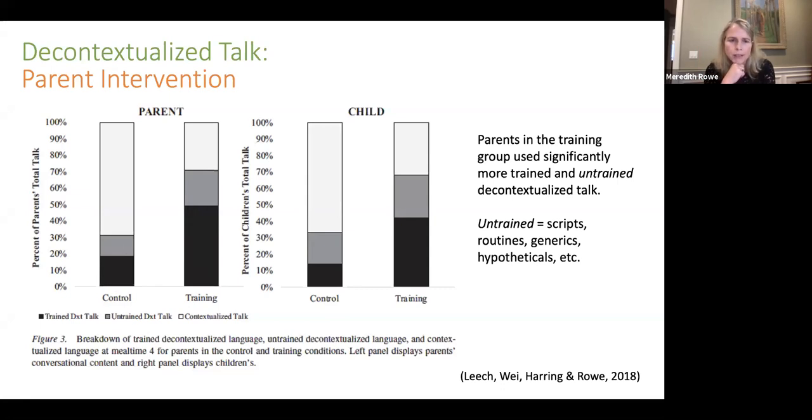And so you can see if you add that in for the training group, you get up to about 70% of their talk being what we would consider decontextualized, which is really quite a lot compared to about 30% for the control group. And this data is just from mealtime 4, but this was the same case in 3, 4, 5.